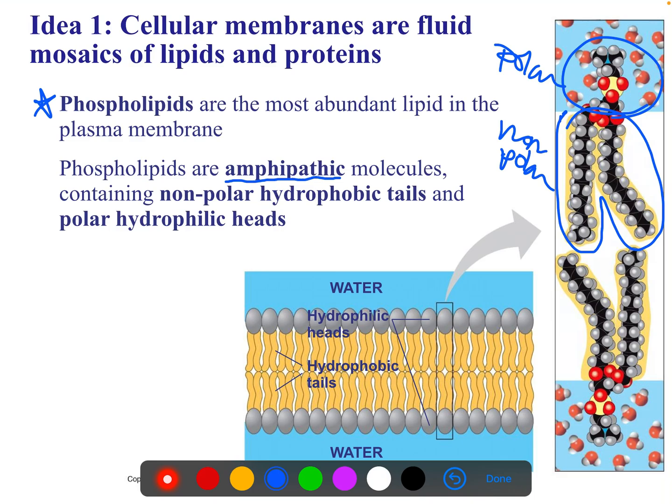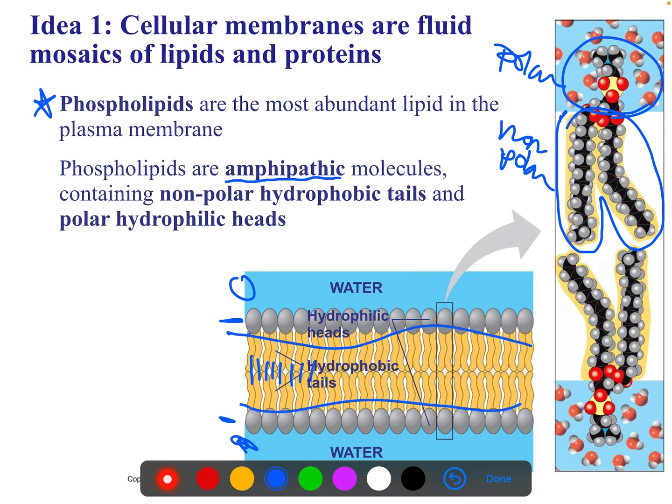When you drop molecules like this into water, they are going to orient themselves so that the polar heads of the phospholipids are touching the water, and the nonpolar tails are oriented to be touching each other in the center.